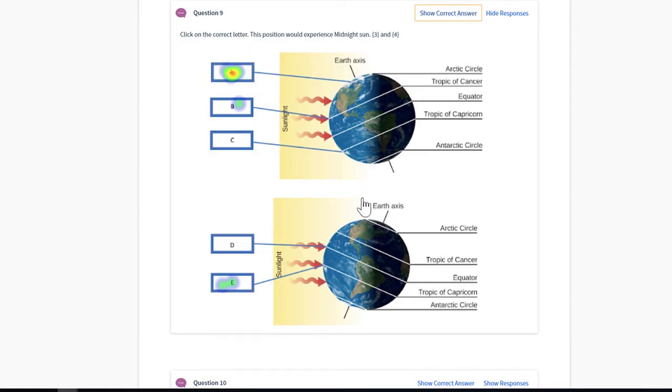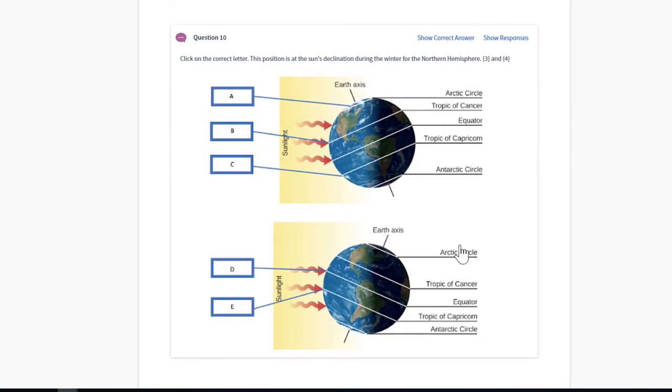Okay, so one more question. Click the correct letter. The position of the sun's declination during the winter for the northern hemisphere. So in the winter, the subsolar point should be over the Tropic of Capricorn. So which options do you have here?